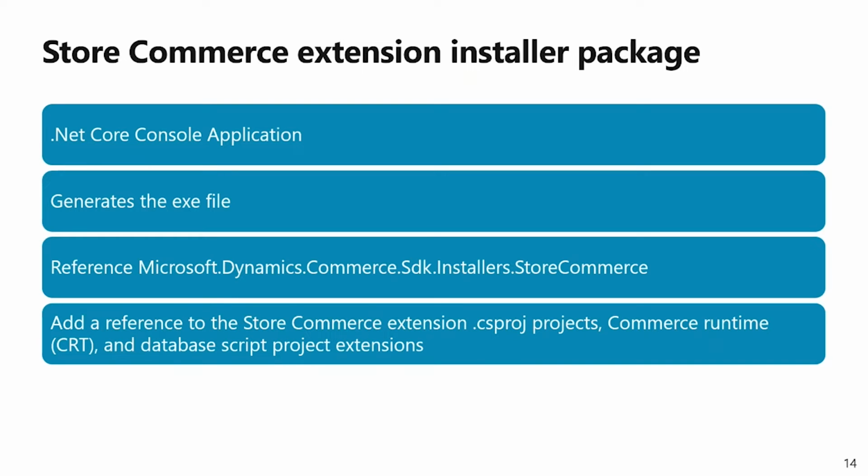The csproj file for the console application should have a reference to the public feed package, the dynamics.commerce.sdk.installer.storecommerce. Also, there should be a reference to other component projects in the solution like commerce runtime, channel database, etc. So after building the project, the exe file can be found in the bin folder. You can use the install command on the exe to install the extensions.